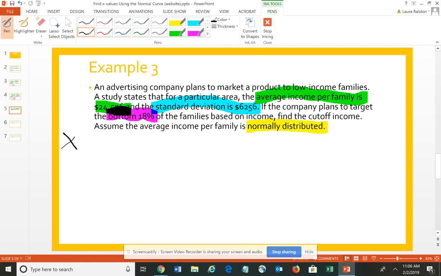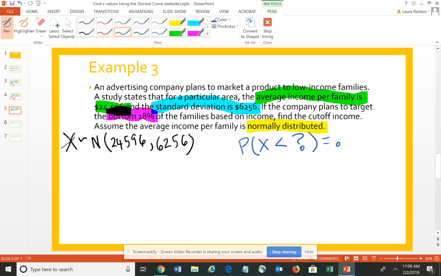Our variable X is approximately normal with a mean of 24,596 and a standard deviation of 62.56. We're looking for the cutoff score. So we want to know the probability that X is less than some particular number, and that's the bottom 18%.